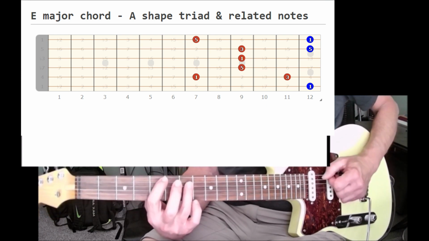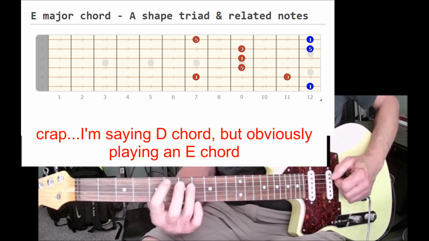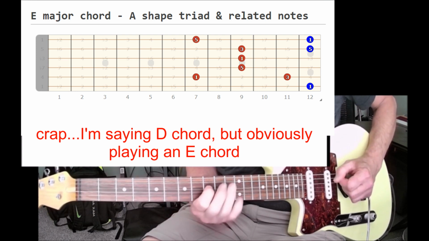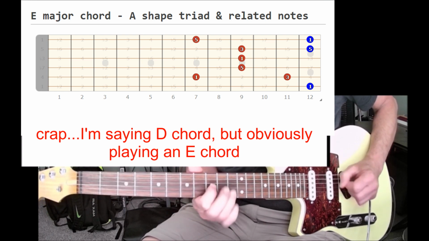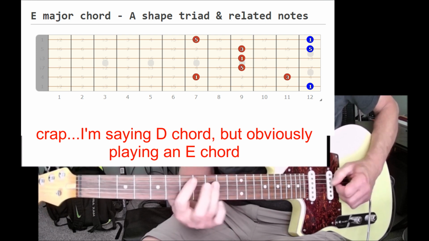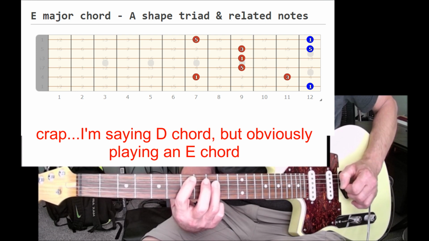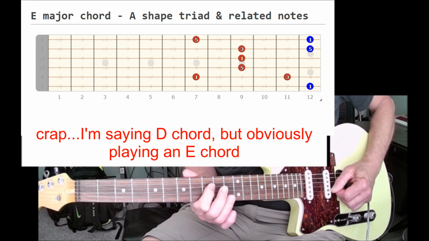I like this because the A shape of the D chord is not way up here like it is for a G. So on this A shape, 5, 1, 3.